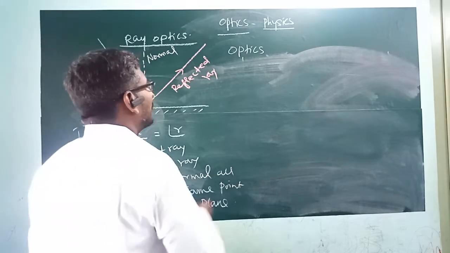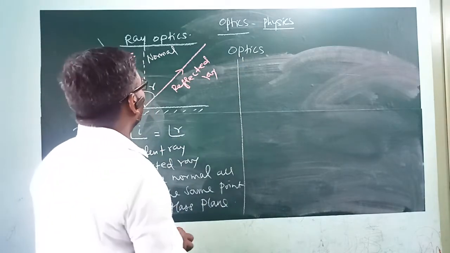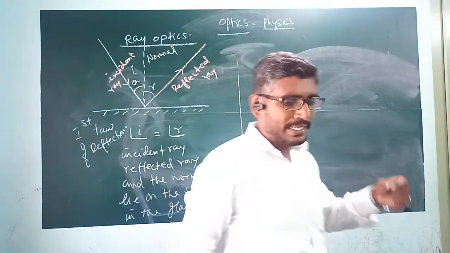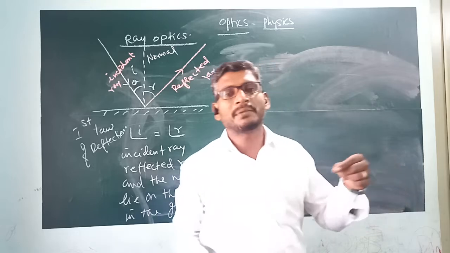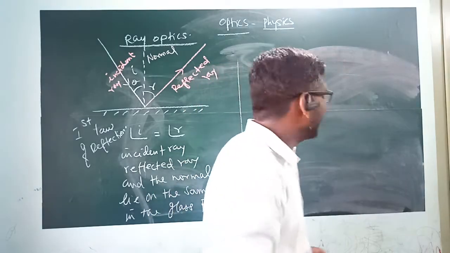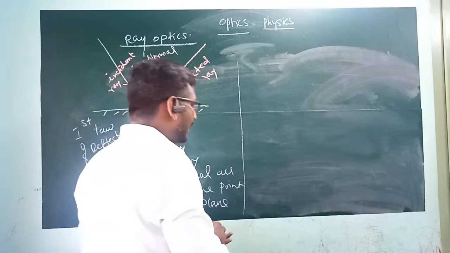To learn more about these laws of reflection, let us consider what will happen when a light ray passes from one medium to another medium. For example, I am considering a glass surface.